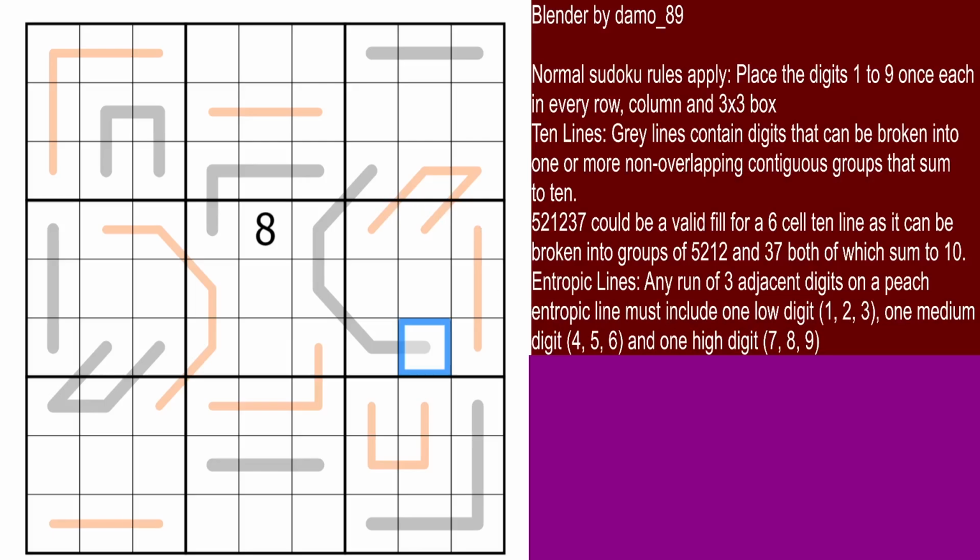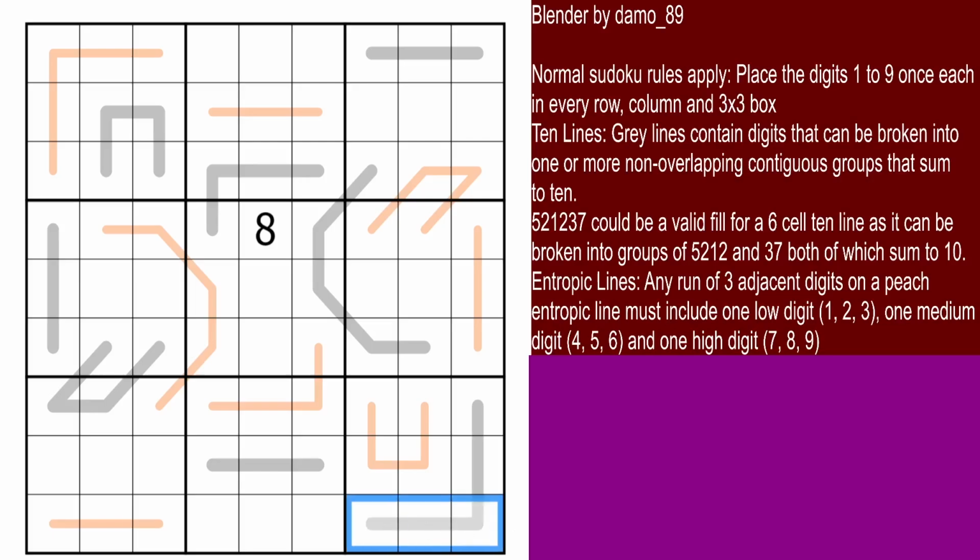There is no 6 line here, so anyway, let's take the example of this 5 line. What this is saying is that we should break this line into contiguous regions of 10, so each of those segments should sum to 10.